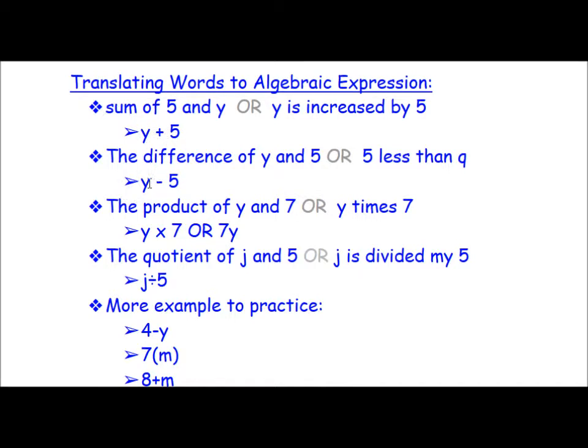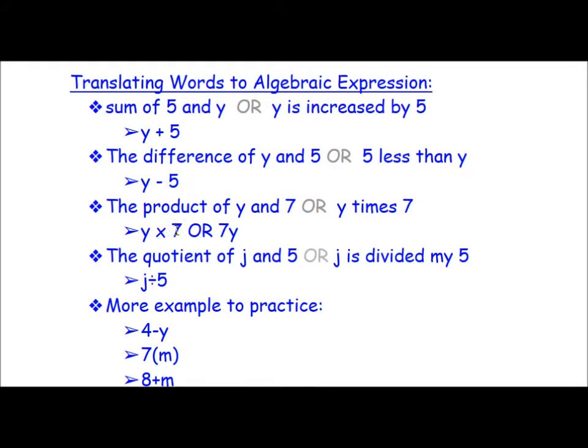Similarly, for difference, y minus 5, in words it can be written as the difference of y and 5 is y minus 5. Or this can also be expressed in words as 5 less than y. 5 less than y is y minus 5.